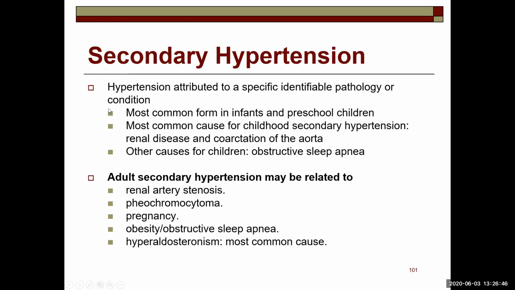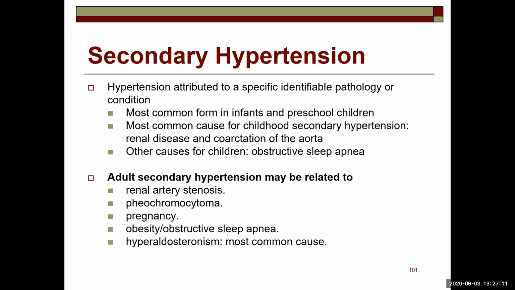All right, secondary means what? You get hypertension because you already have something else. So these are the other things that can lead to hypertension: renal artery disease, stenosis, pheochromocytoma. Anyone know what that is? Isn't it a mass on the kidney?